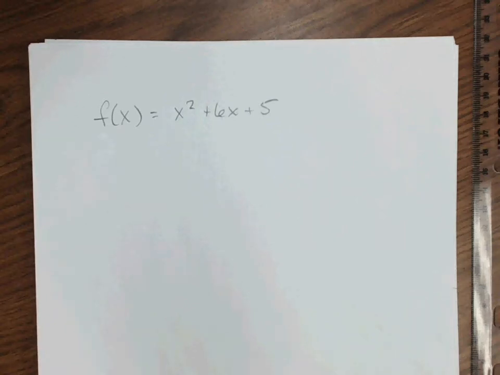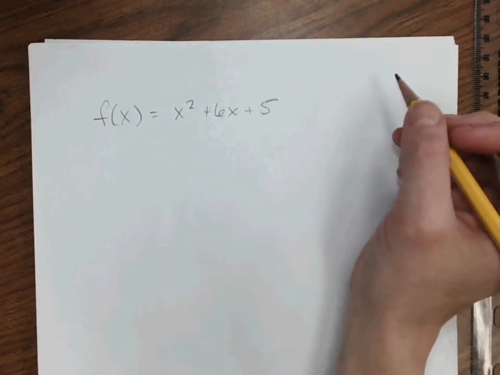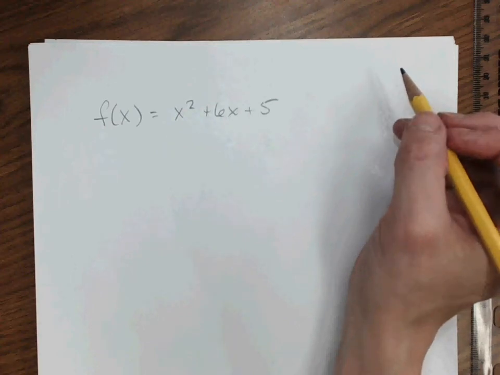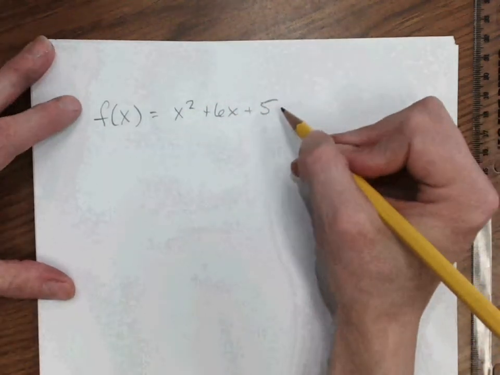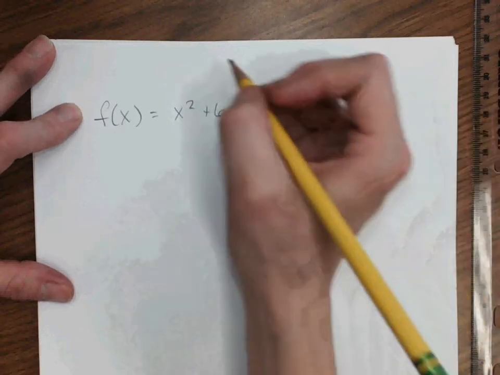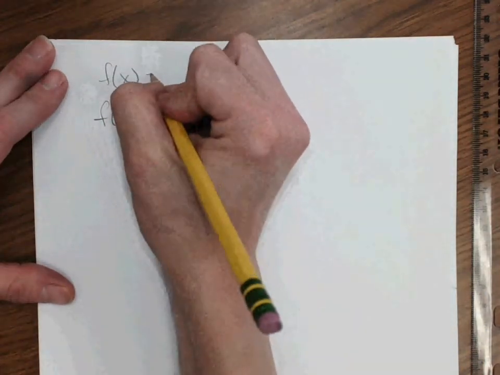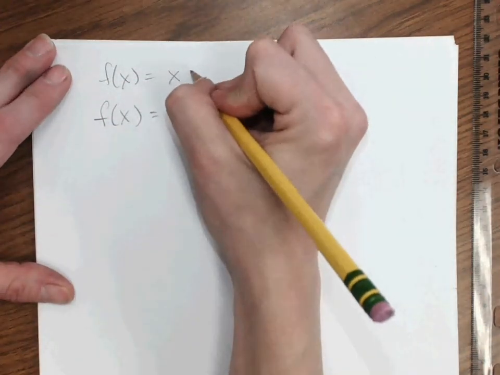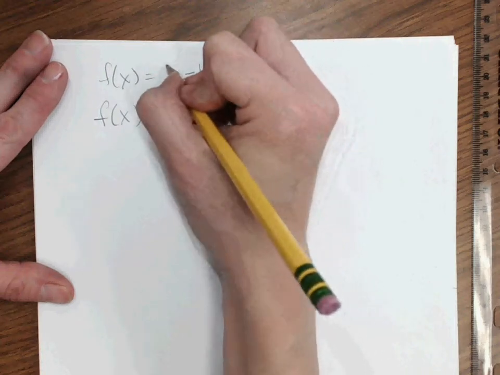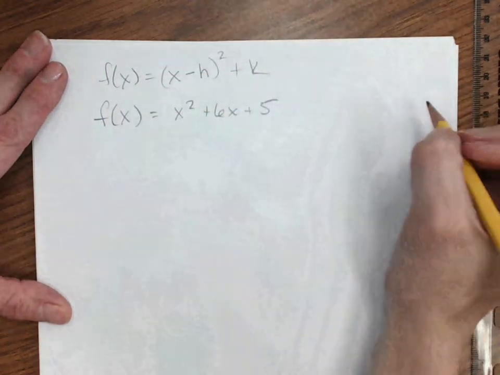We want to be able to get it into that form where I've got my vertex easily identified and my a factored out if I can. So if I'm looking at this piece right here, basically what I want to turn it into is an x minus h squared plus k.